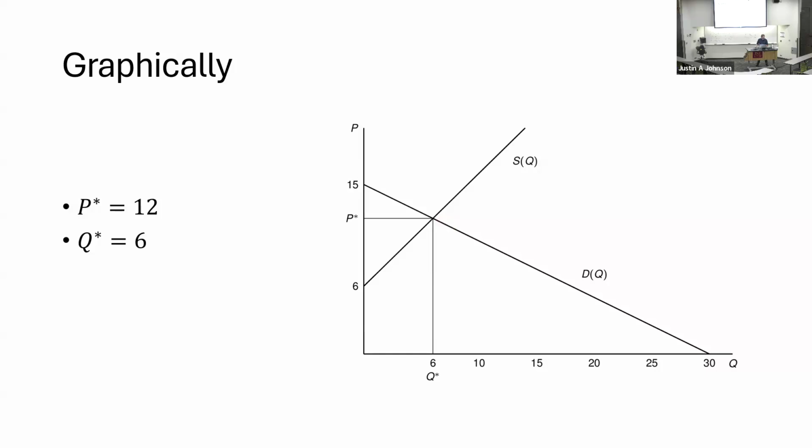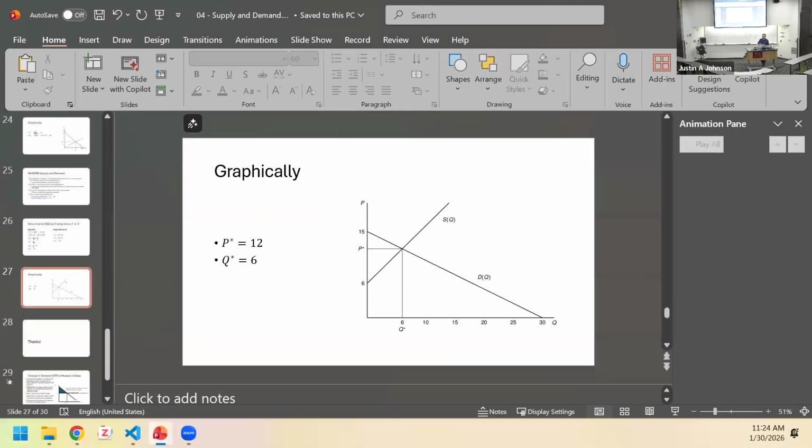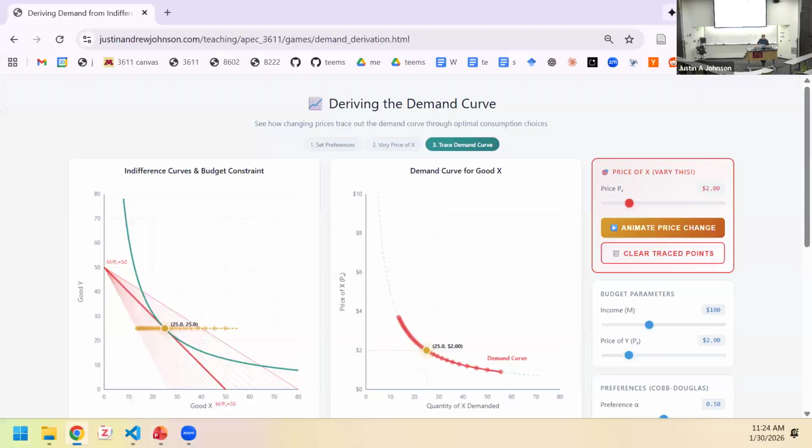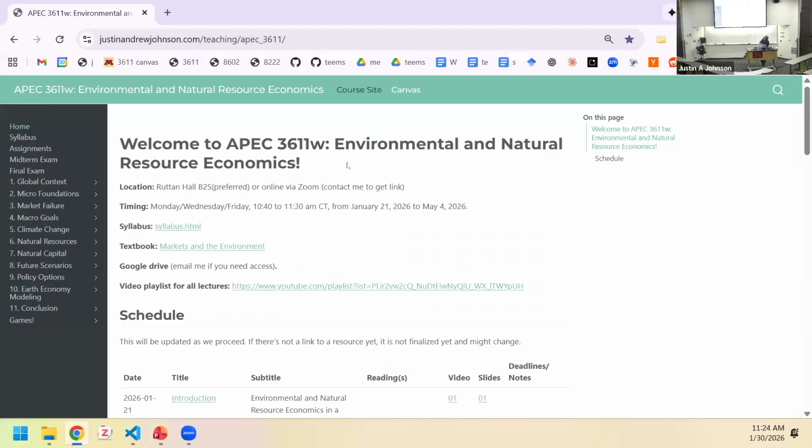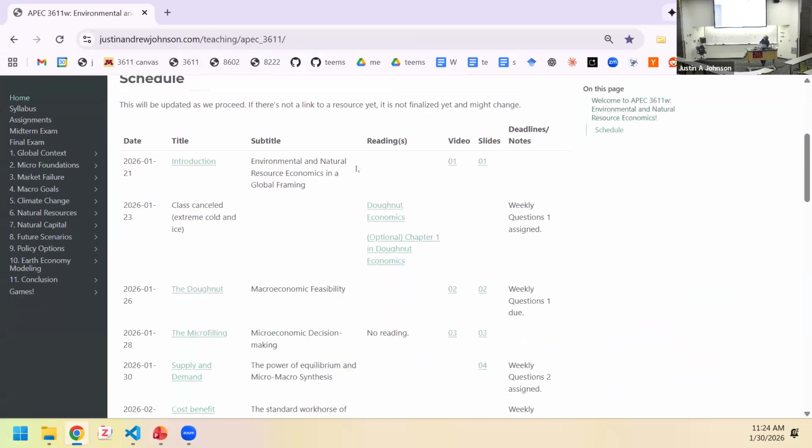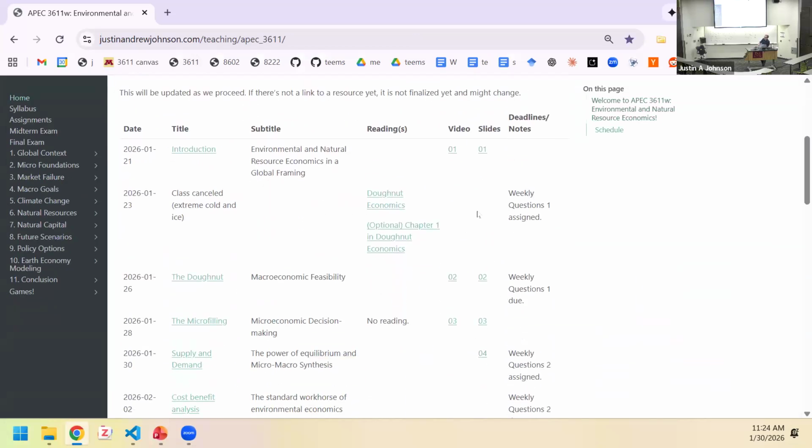We went faster than expected, which is good. And so all I will say is in terms of where we're going from this, so you get a sense of the trajectory. First off, as you see, I've been updating the website.